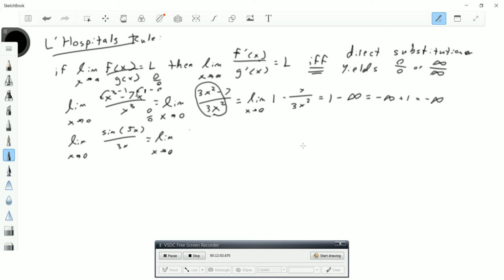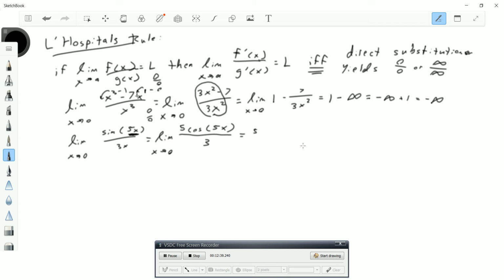But basically, what has to happen is that you have to take the derivative of this inside term as well. So the derivative of 5x, and you might just have to trust me on this that you're taking the derivative of the inside term, is 5. And now the derivative of 3x is 3. So now this is going to work out nice, right? As x approaches 0, you get 5/3 times cosine of 0, which is 1, so your answer is 5/3. Pretty neat.